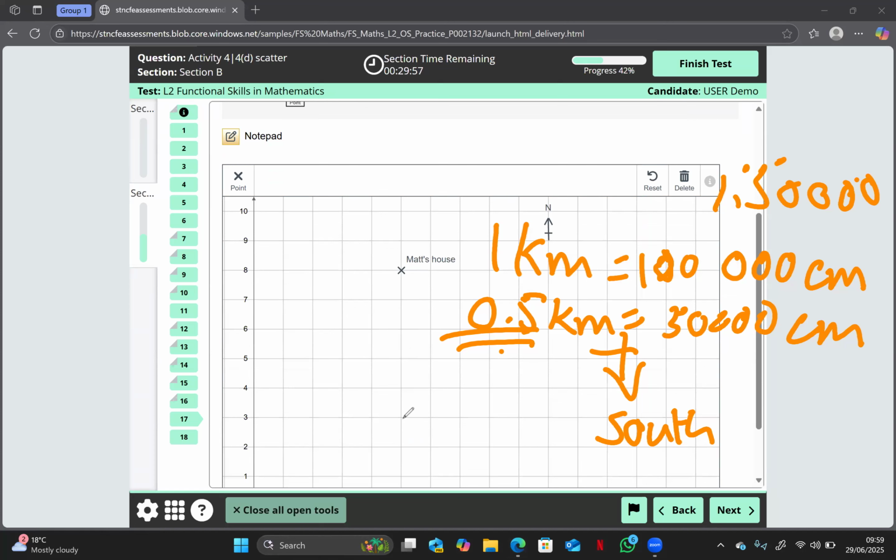By 2, 2.5. So the plot will be there. So if we put the point in, it will be exactly on here. That's where the point will be of the cycling club.